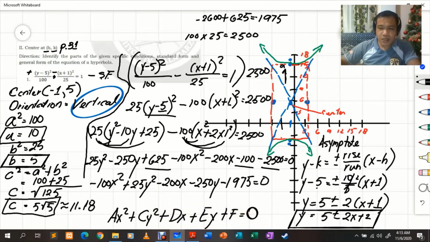Finally, yung values ni vertex, endpoints of conjugate axis at foci. So, since si A is equals to 10, from the center, negative 1, comma 5, kaya ang vertices natin ay ito at ito. This is negative 1, comma 15, and negative 1, comma negative 5.